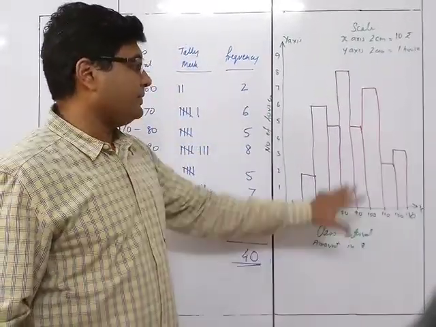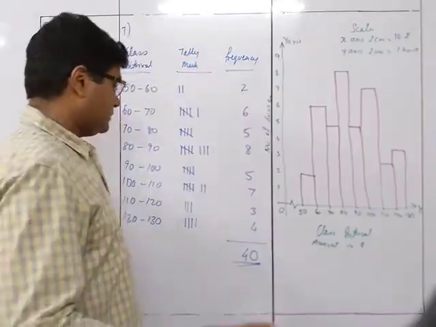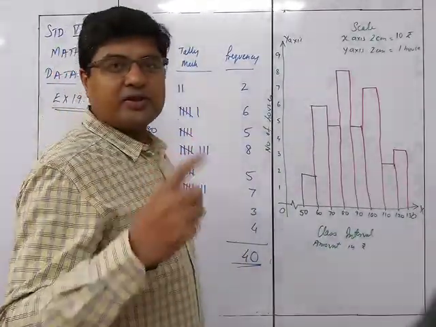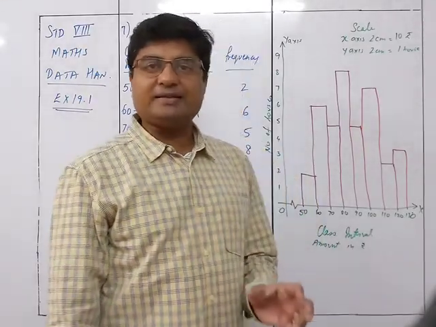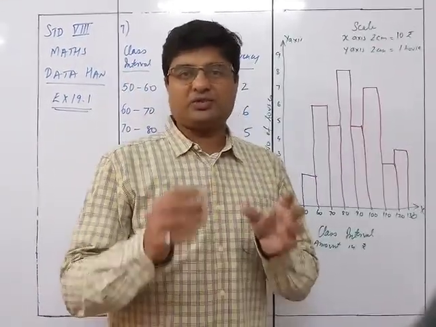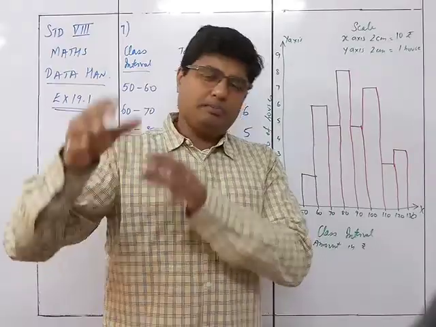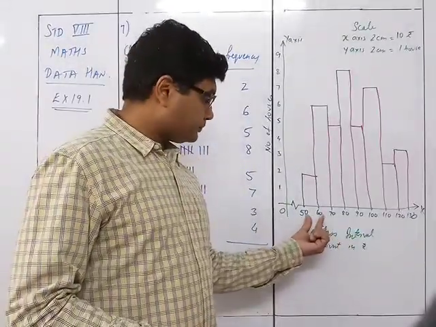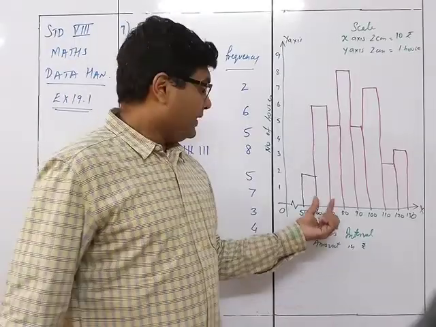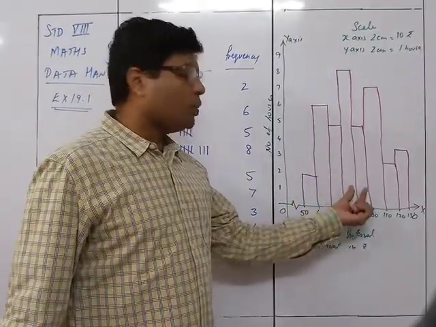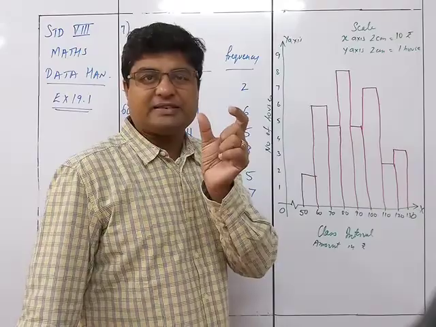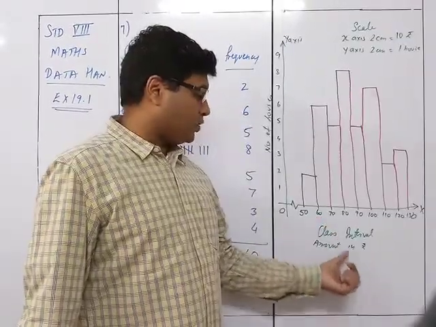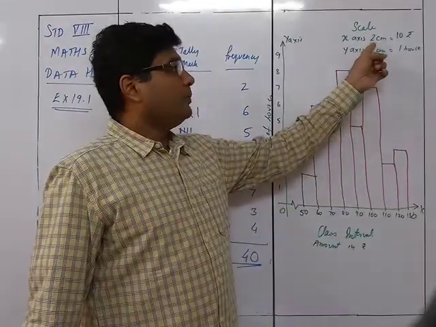So the histogram is drawn in this manner. Even on the x-axis, see, in the case of a bar graph, the x-axis did not have any scale, so we just wrote apples, banana, orange and so on. Whereas here we need a scale, because it needs to identify that each and every block over here is of the same size, that is the same width, and that width is given as 10 rupees for 2 centimeters.